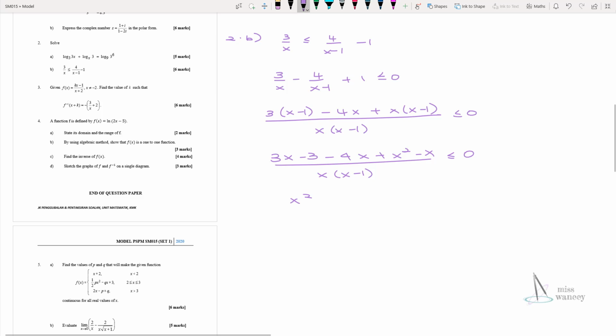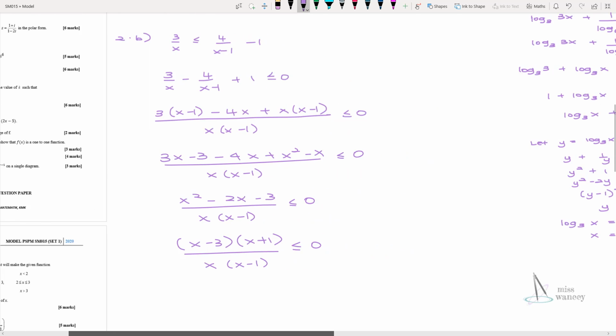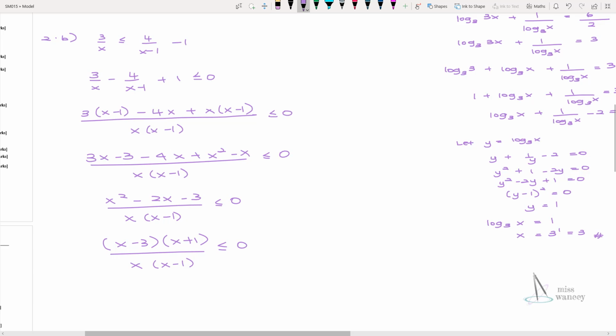So this one is x squared, 3x minus 4x is negative x, so negative 2x, negative 3, and no more constant, so simply negative 3 over x minus 1 less than or equal to 0. So this one will become x minus 3, x plus 1 over x minus 1 less than or equal to 0. Okay, so in order to solve this, we need to draw a real number line.